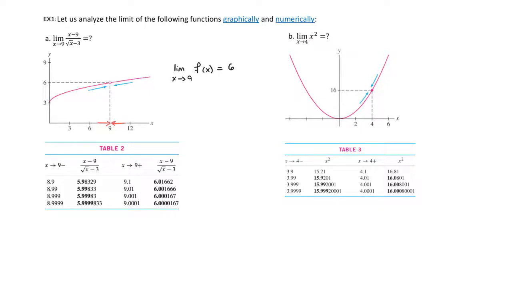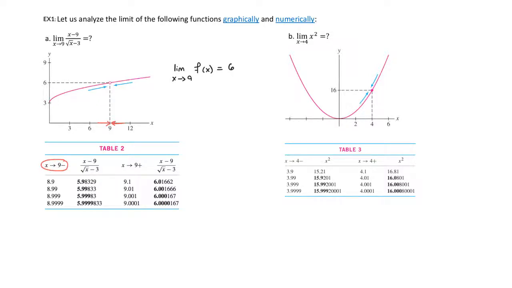Now, it is always a good idea to look at the table also and see what is happening as x approaches 9 from the left. First of all, I want to point out this notation right here. In the next segment of this video, just in a few more minutes, I will carefully explain what this notation means.